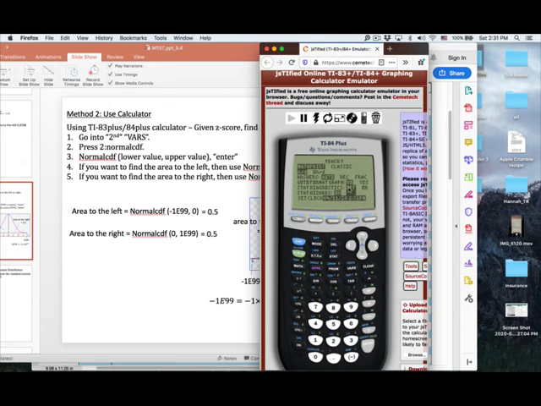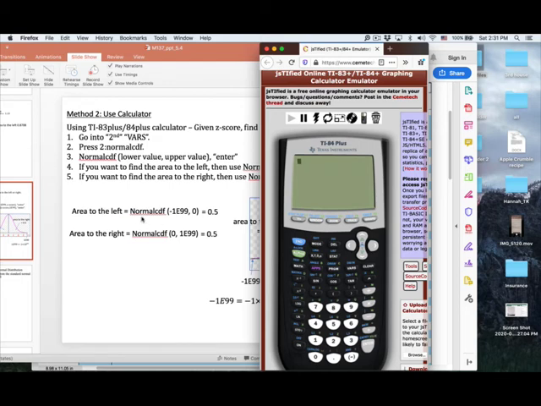Use the arrow button, go to the right and enter, turn it off. If you're using the TI-83 Plus, don't worry about this part. You don't have this. Only some of the TI-84 Plus have this function, the stat wizard. Turn it off. And then click on second, mode, to quit. Okay, set it up before you're working on this example.